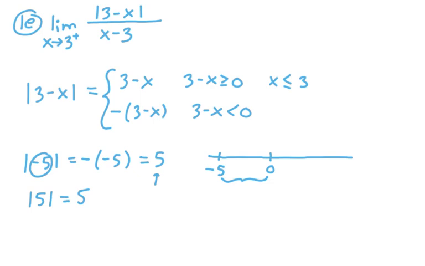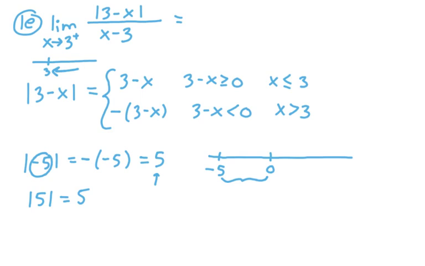Another way to say that is that x is bigger than 3. Now, look at where x is approaching 3. x is approaching 3 from the right. So here's 3, and x is coming at 3 from this way, which means the values of x are going to be larger than 3. I hope that makes sense.